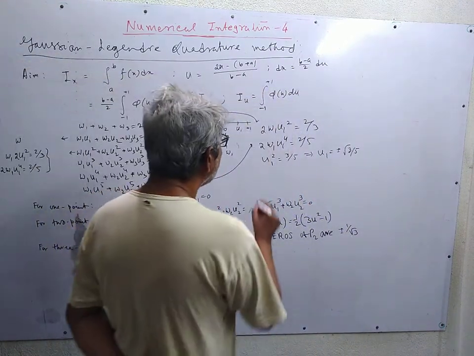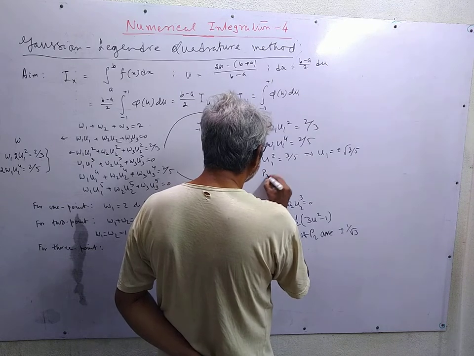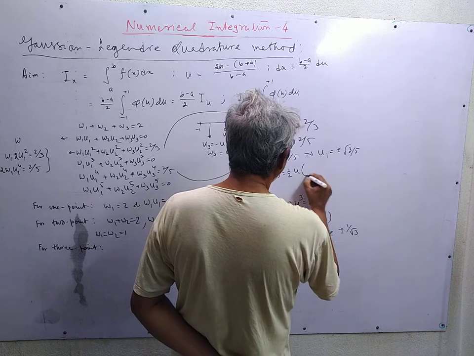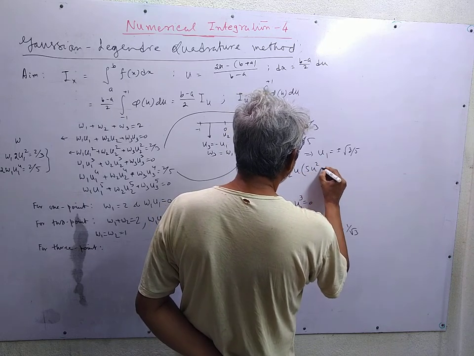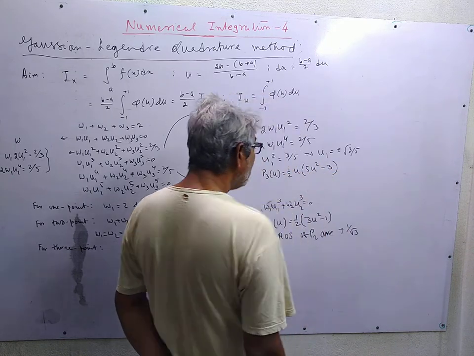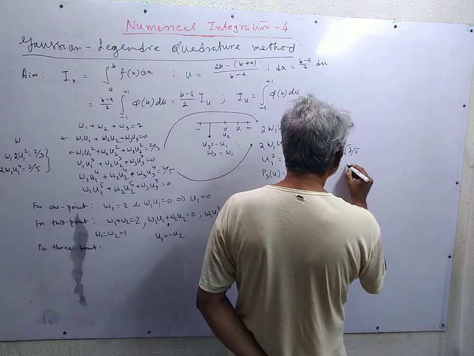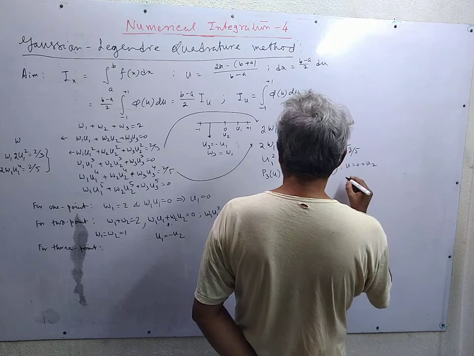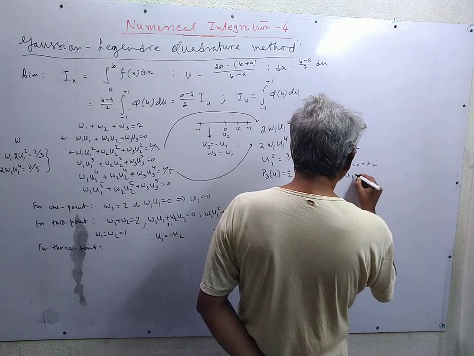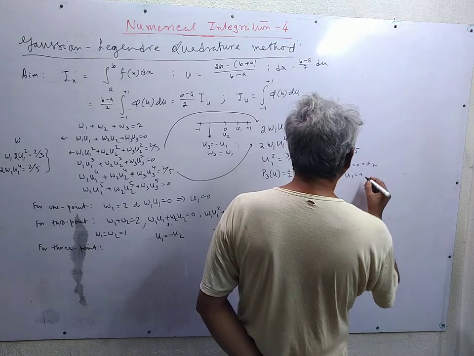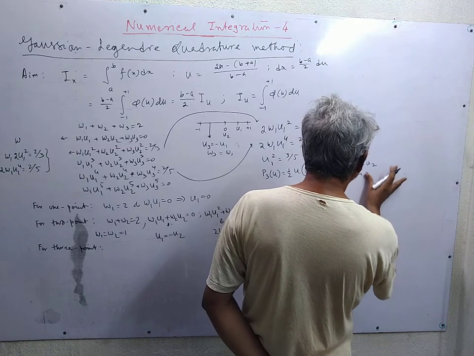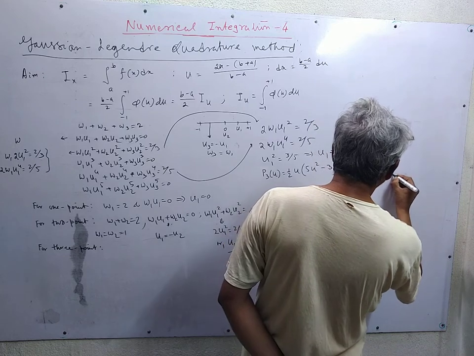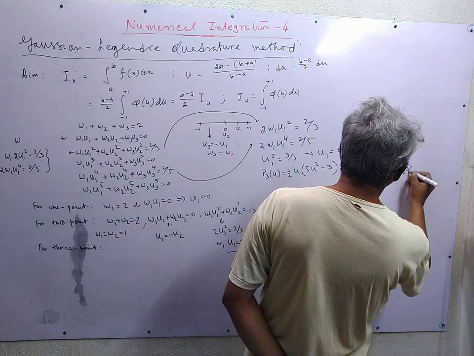We consider P3 of u, the Legendre polynomial of order 3. This is half u times 5u square minus 3. So the zeros or roots are u2 equal to 0, u1 is equal to plus root 3 by 5, and u3 is equal to minus root 3 by 5.